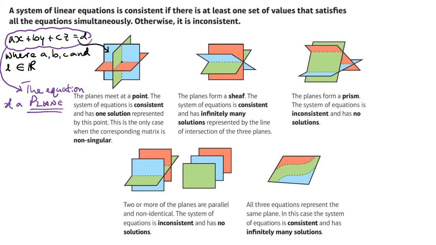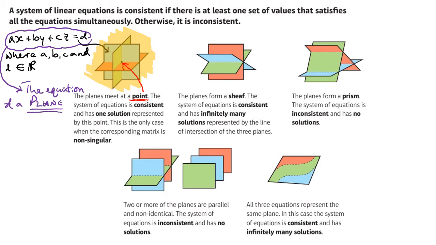So the very first one, which is this one here, what you'll notice is that all the planes meet at a single point, and that single point is here. Now what does that tell us? That means all three equations solve with one solution, like the last two that we did.